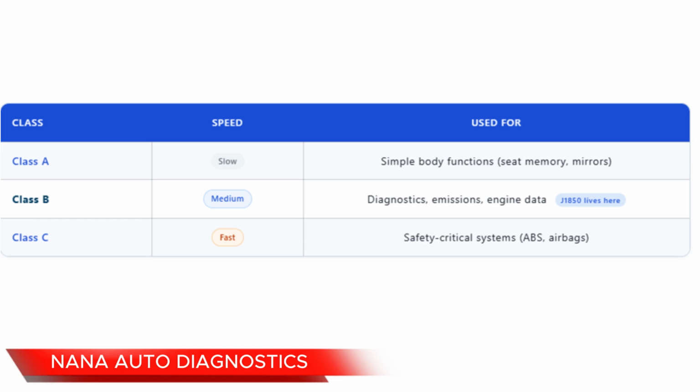And it is within that class where the J1850 lives. We also have Class C, which is a high-speed communication network, and this is usually used in safety-critical systems such as the ABS, which is the anti-lock braking system, and airbags.